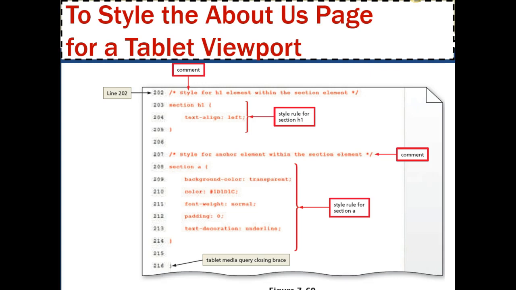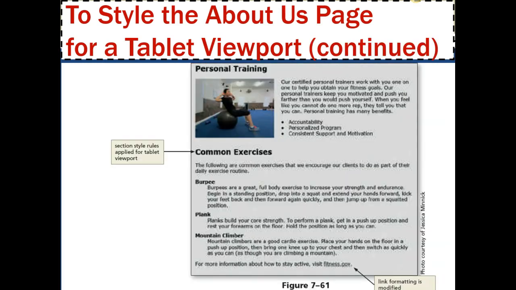Then you do the text decoration, and then you close your bracket here. After you save those changes, that's how you will see the section style rule that you have applied for a tablet viewport. So this is exactly how you create your sections in there.